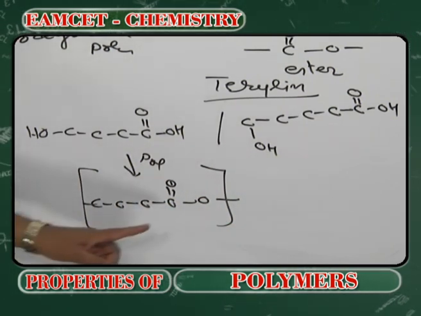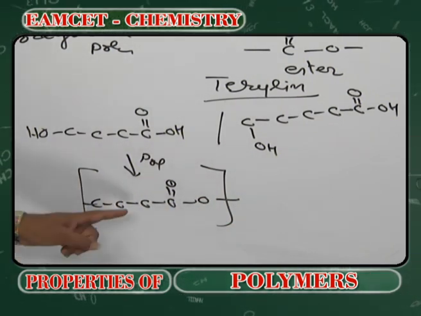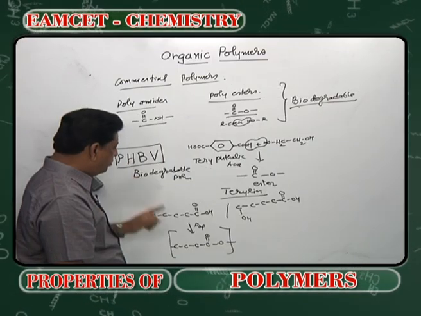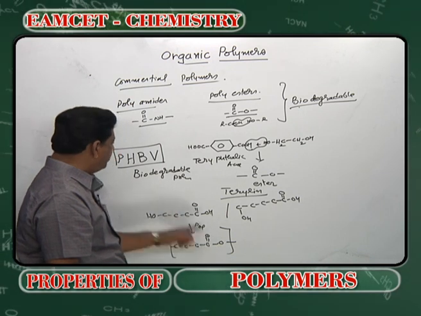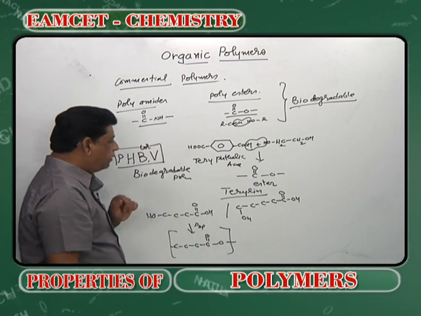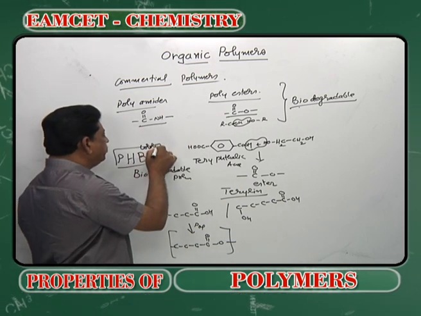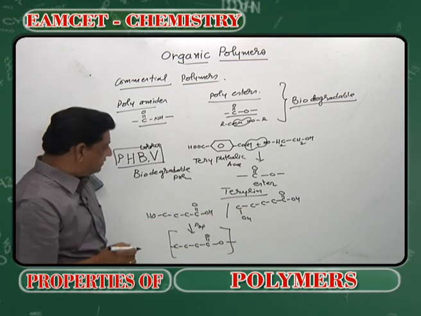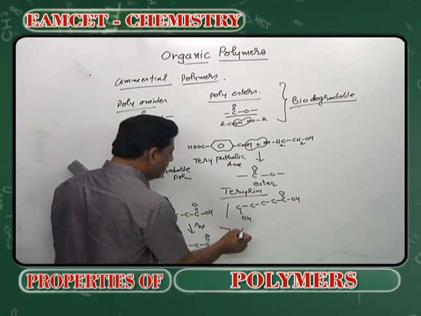This ester function is there. So these types of polymers are called polyhydroxybutyrate. The 4-carbon one is a butyrate, and it is also copolymerized with the valerate. So butyrate and valerate polymers of esters are called polyesters.